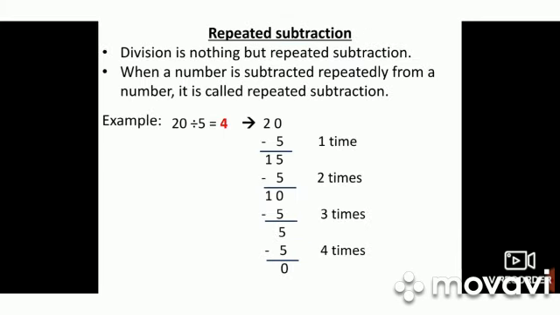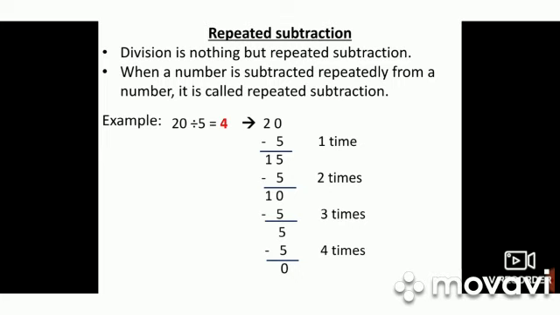Next we are going to see repeated subtraction. As I said, division is nothing but repeated subtraction, and I also told when a number is subtracted repeatedly from a number, it is called repeated subtraction. Look at the example 20 divided by 5. I have given the 4 in red color, which is the quotient, the answer of the division. How to do?